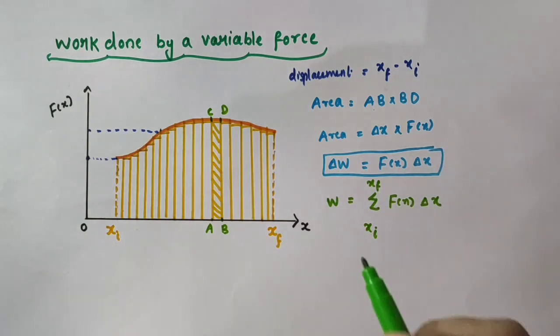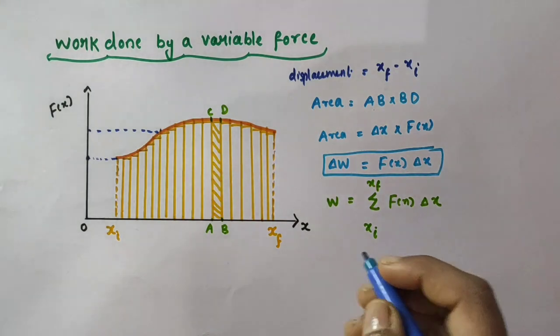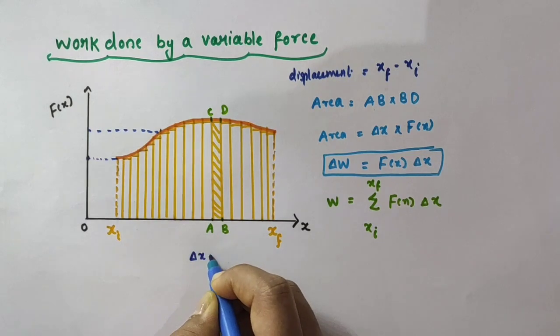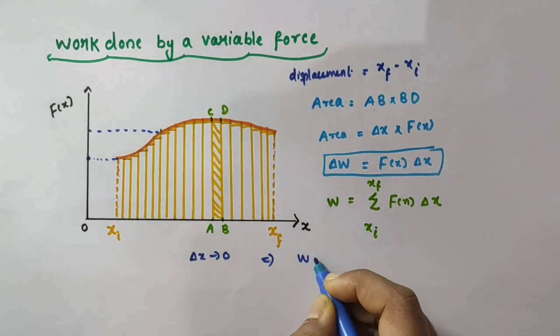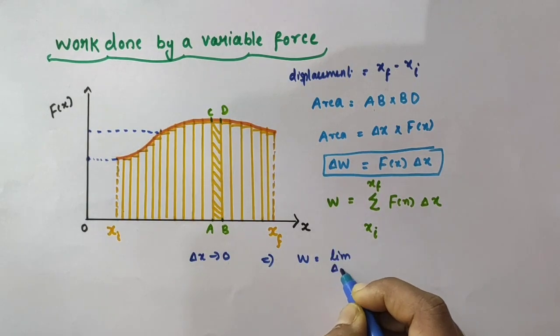Now if the displacement is allowed to approach 0, that is when delta x tends to 0, we can write this expression as W is equal to the limit as delta x tends to 0.